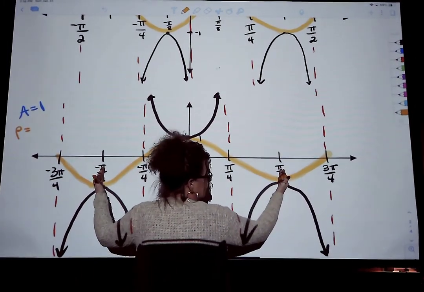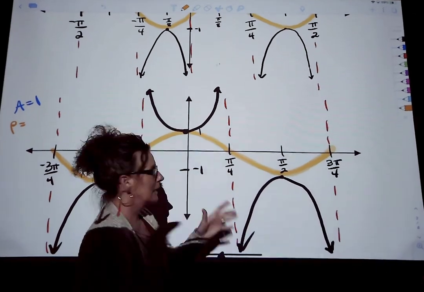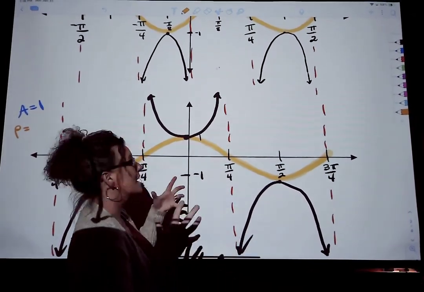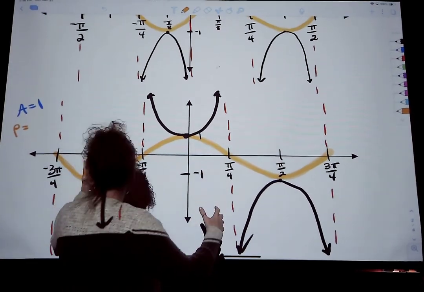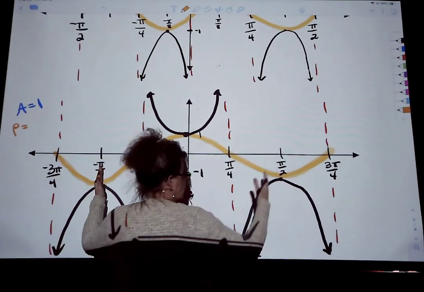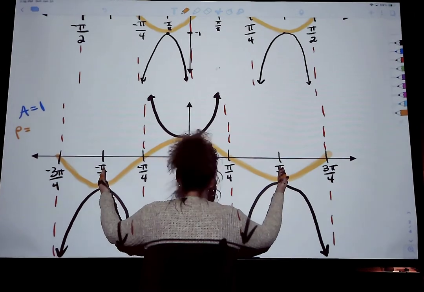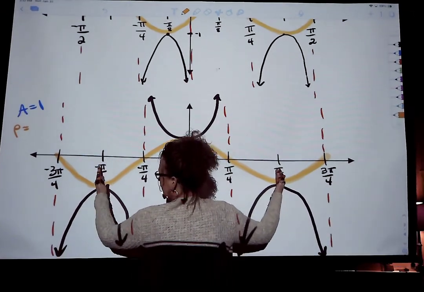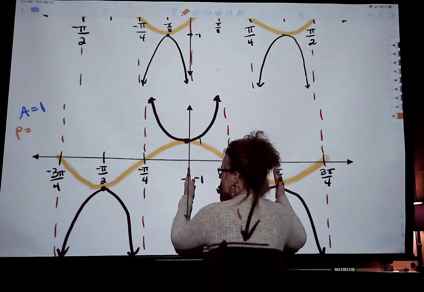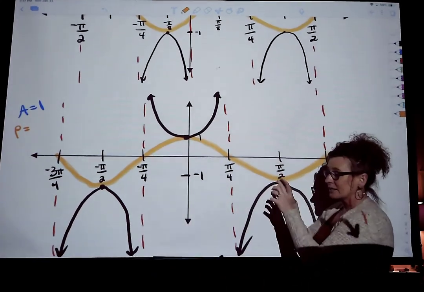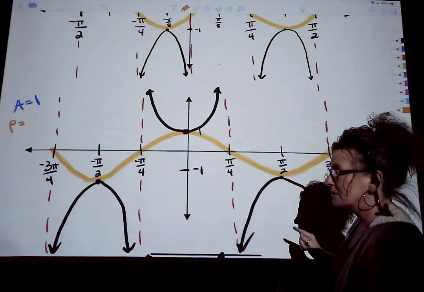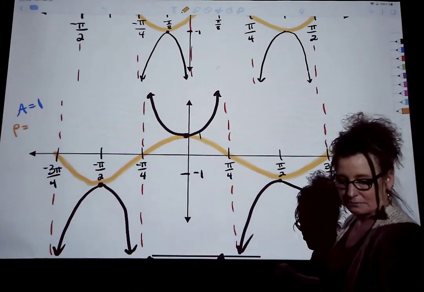It looks like it's been flipped upside down, but I don't care. I just want to identify how far was it from the start of a graph to the finish of a graph. So if from here to here is pi over 2, and from here to here is pi over 2, I think I can say the period of the orange graph is 1 pi.